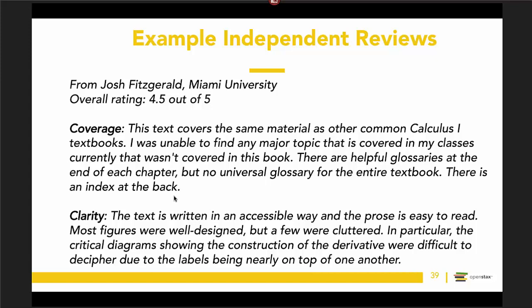So around the math books, I think it's a matter of, hey, is it covering it the way I cover it? We've gotten some comments there. We do get specific feedback, and I don't want to minimize it at all, like critical diagrams, construction, or derivative. Sometimes, although everything's full color and we do put it through review, our graphics don't render in as pristine a manner as in some other books.